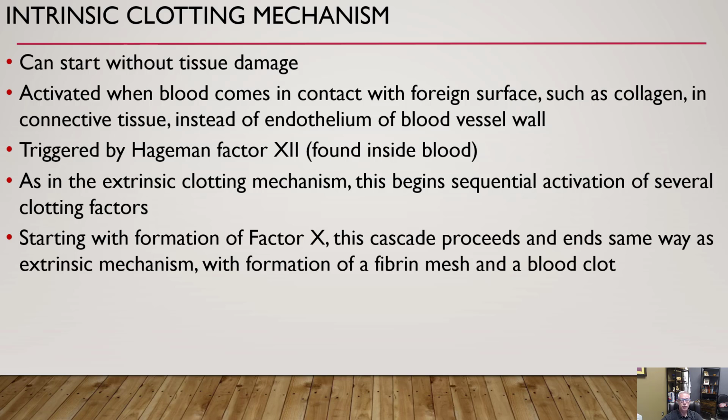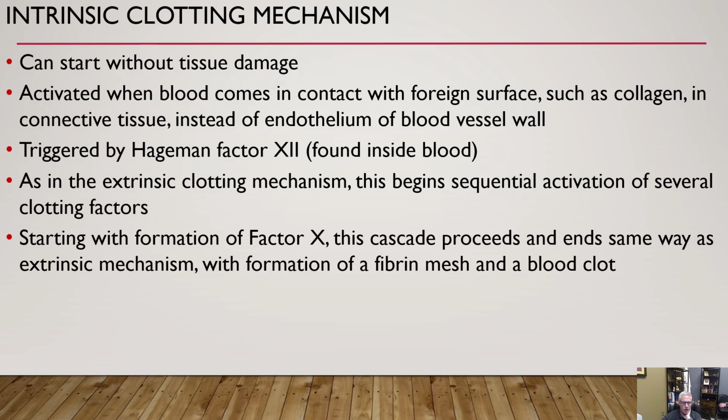And it's triggered by factor 12, also called Hageman factor, and it's found inside the blood. And as with the extrinsic clotting mechanism, this begins a sequential activation of several other different clotting factors.